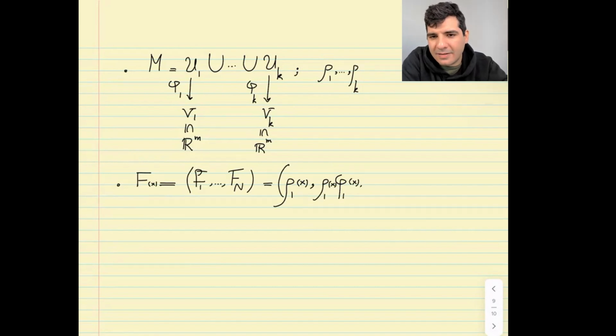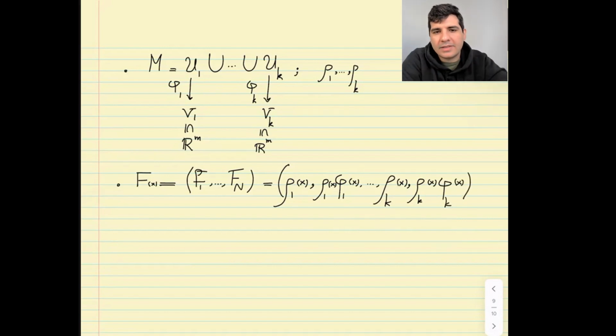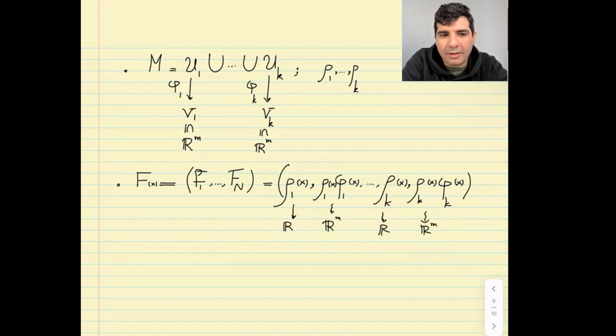The next thing would be rho_2 of x times phi_2 of x, up to rho_k of x times phi_k of x. So we list all these functions. Note that rho_1 takes values in R, phi_1 takes values in R^m. Same goes for each rho_i: rho_k takes values in R, and rho_k phi_k takes values in R^m.